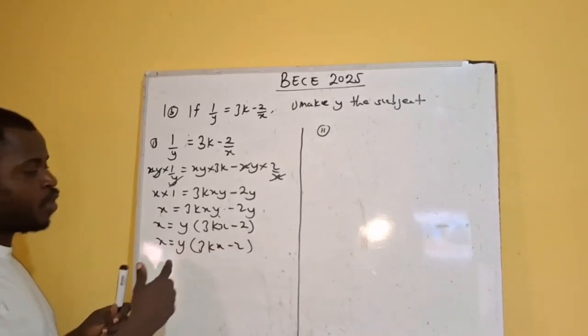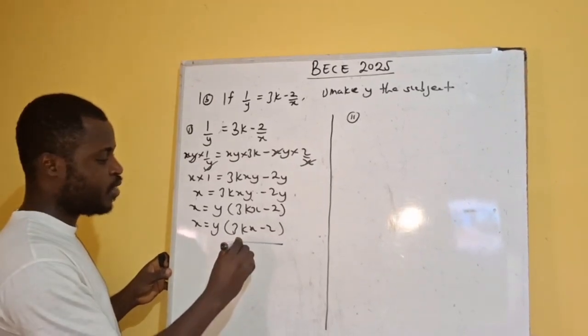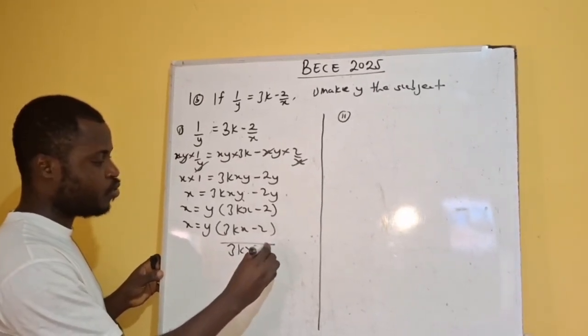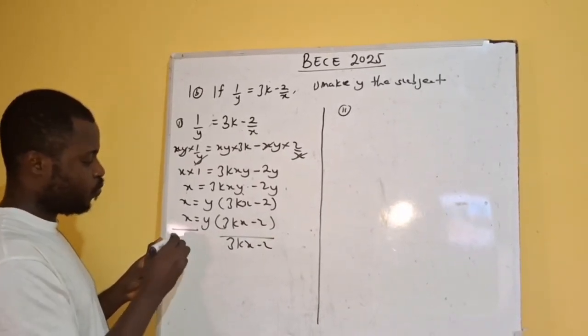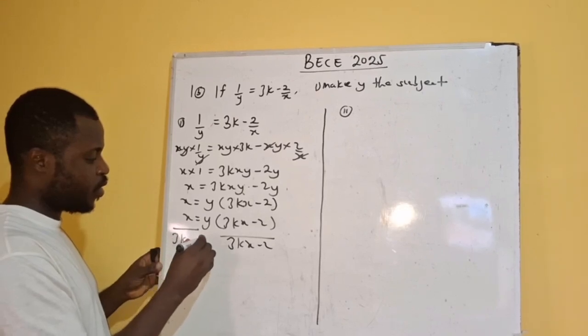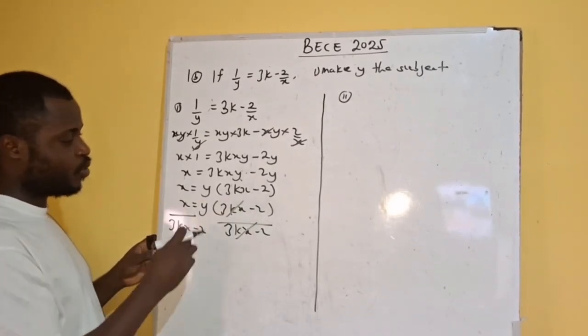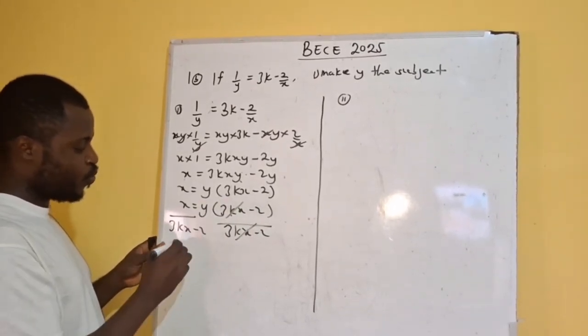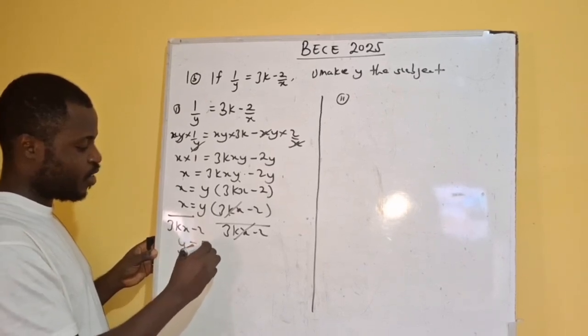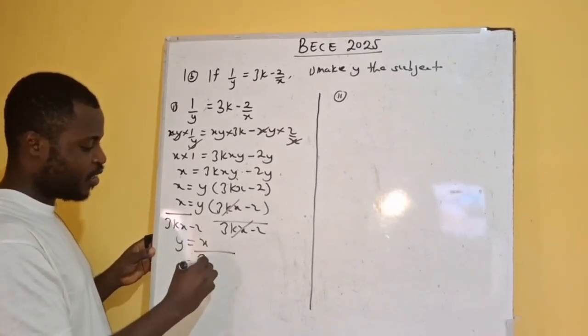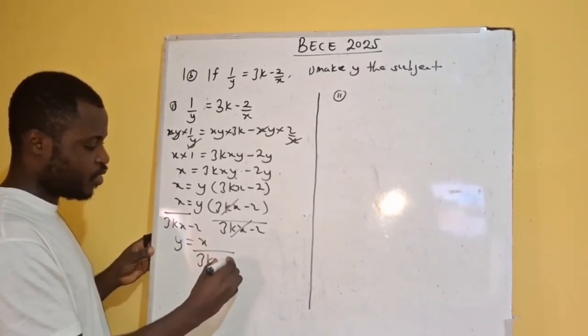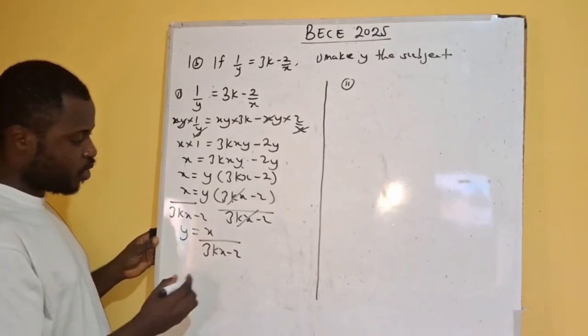Now we can make y stand alone by dividing both sides by 3kx minus 2. When this cancels this out, we have our y standing alone. So we have y is equal to x over 3kx minus 2.